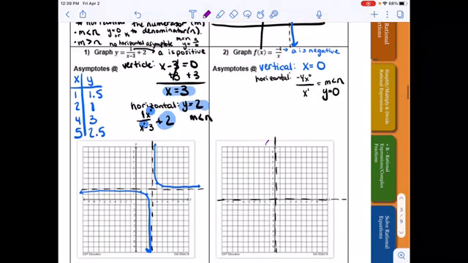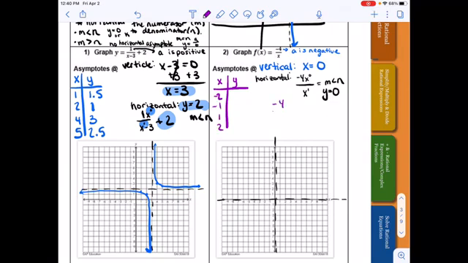You know it has to be on this side because of our negative a. But I'm going to also make a table here again. So we have x and y. I know I cannot have 0 for x, so I can plug in -2, -1, 1, and 2.